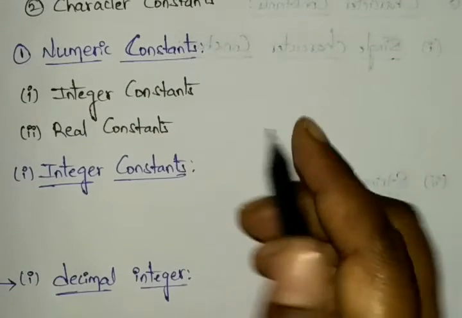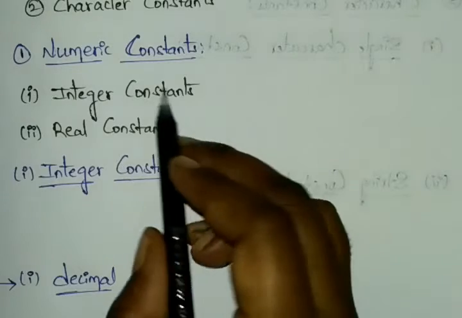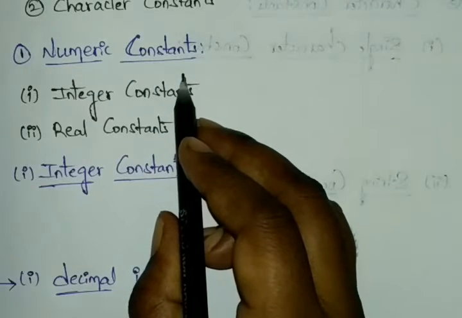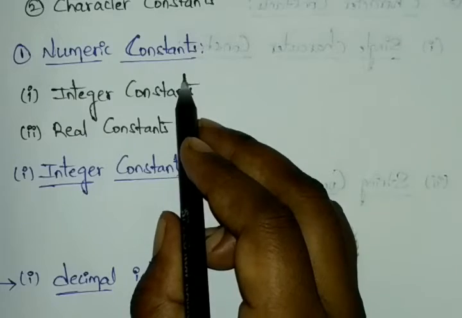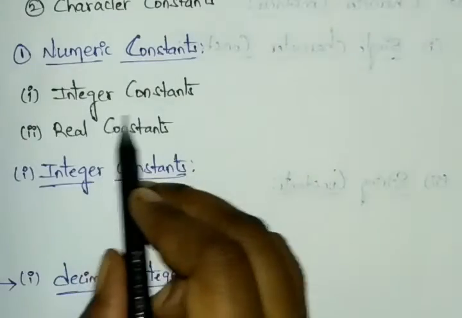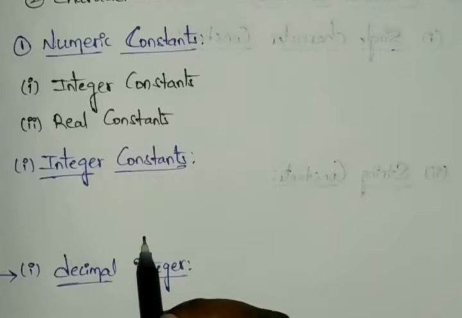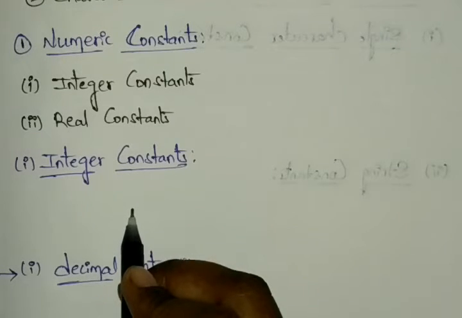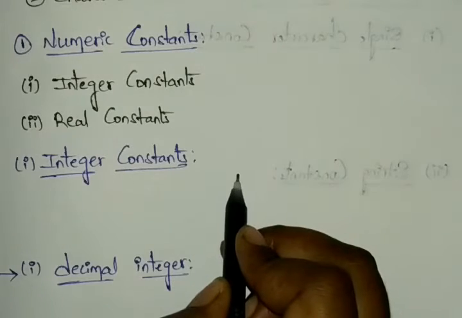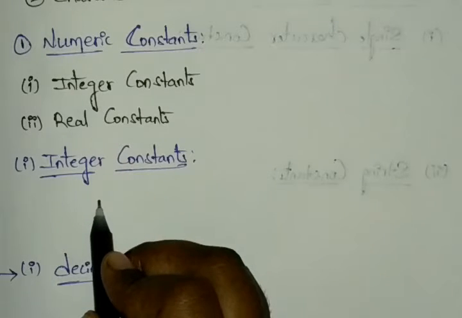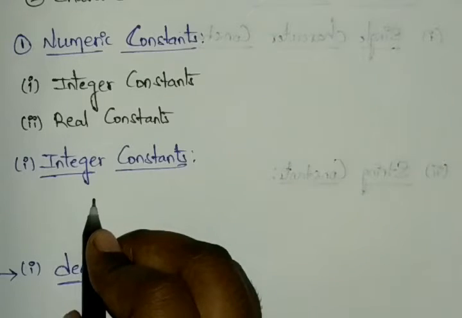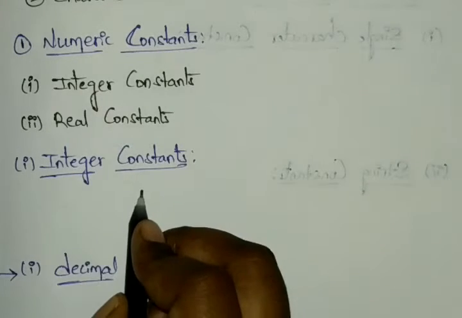Okay, so you can see here, the numeric constants accept only numeric values, meaning here it accepts whole numbers. In the integer constants, what do they perform? These integer constants can be performed like a sequence of digits, or else numeric values.